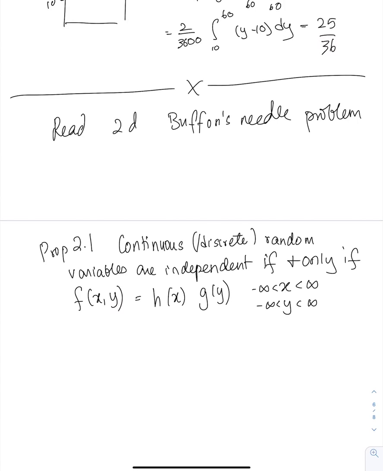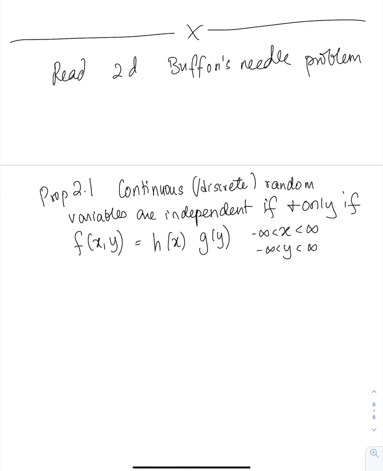Now, before we go into any details over here, I will tell you in words, what does this mean? What this means is that the joint density in the first place, okay, should be written down analytically, I mean, written down as a function of x times a function of y. Okay, I'm right now not addressing the region.